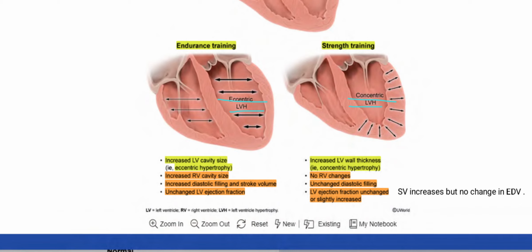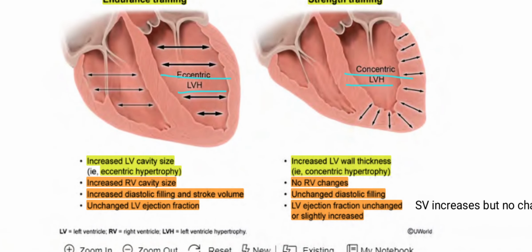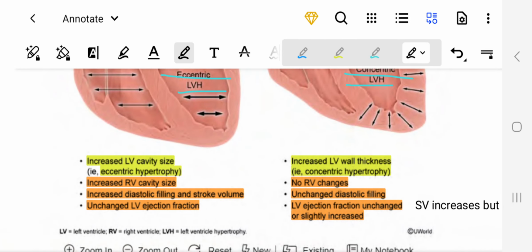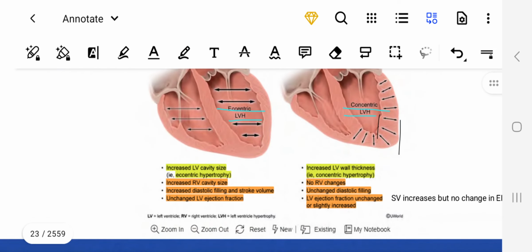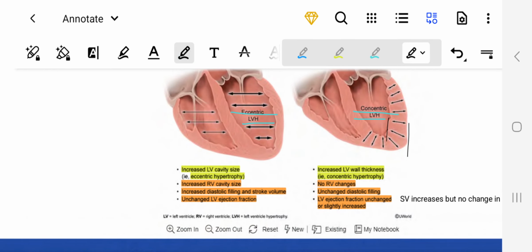Let me first explain the heart of strength training. There will be concentric left ventricular hypertrophy, with increased left ventricular wall thickness. Then in these guys there are no right ventricular changes. The right ventricle will be normal.